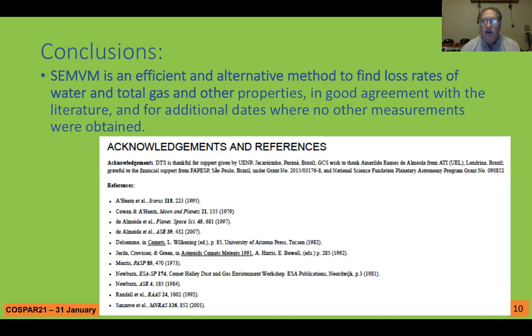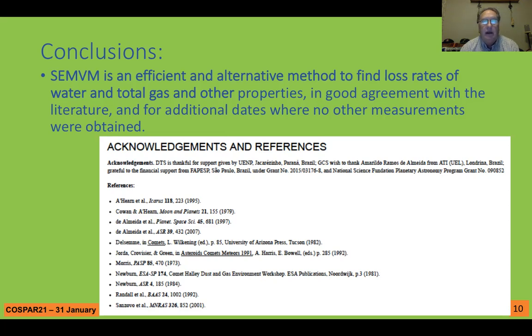And our general conclusion is that the SEMVM method is an efficient and alternative method to finding loss rates for water and total gas production properties. It is in good agreement when we look at spacecraft or ground-based observations during these time periods.